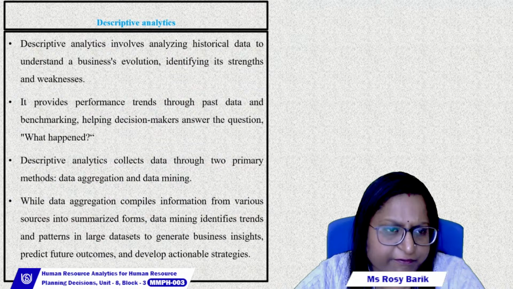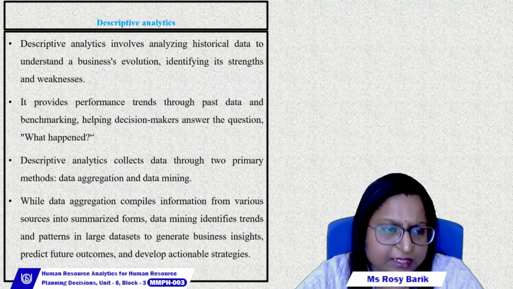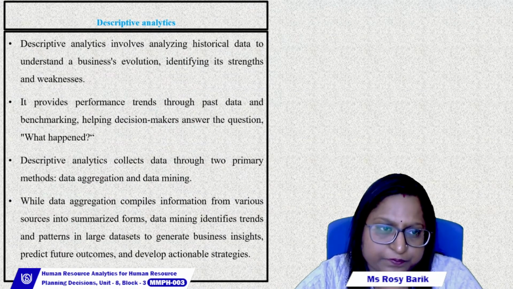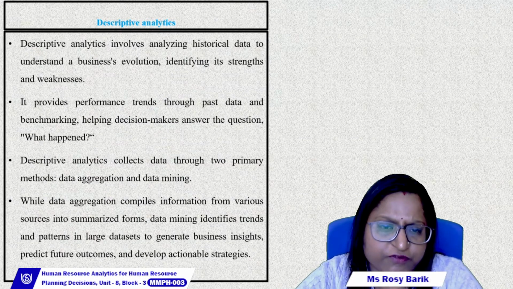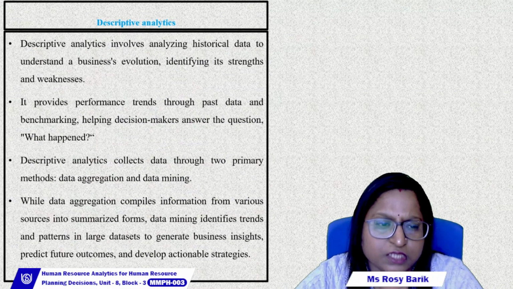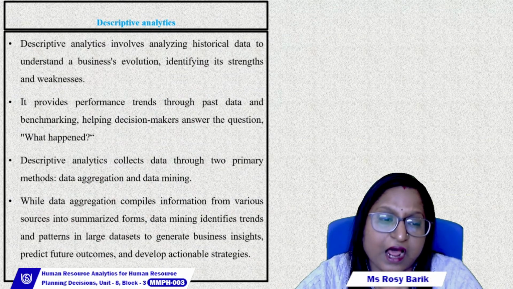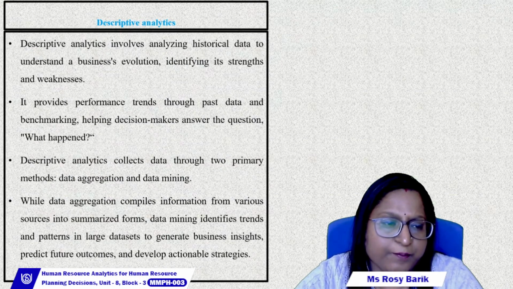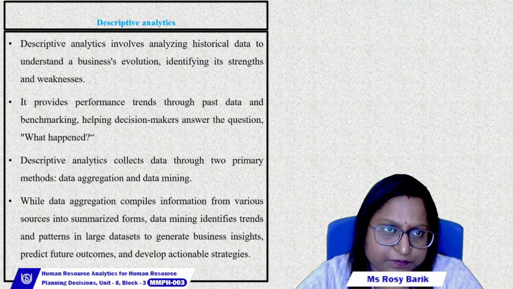Descriptive analytics collects data through primary methods, that are data aggregation and data mining. While data aggregation compiles information from various sources into summarized forms, data mining identifies trends and patterns in large datasets to generate business insights, predict future outcomes, and develop actionable strategy.